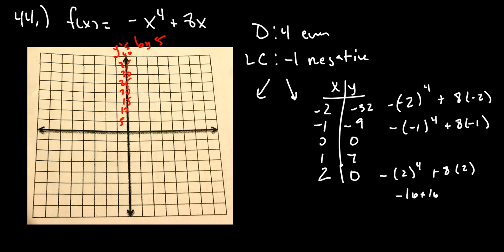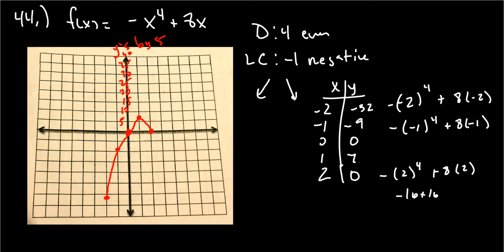There's negative 32. Negative 1, negative 9. So there's 5. 0, 0. 1 up to 7. 2, 0. Now I'm going to connect my dots.